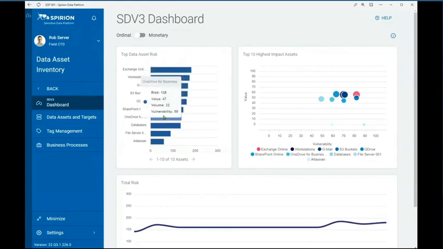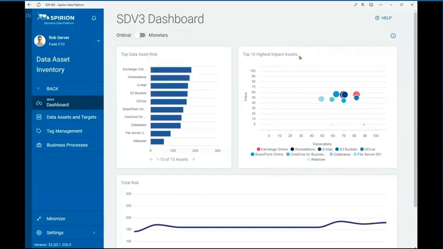So we have the top data risk assets that can be hovered over and given that basic risk score. And you do see that even though the value, volume, and vulnerabilities are normalized, the total risk score can, of course, exceed 100. So you're looking at that potential risk based on the sum total.